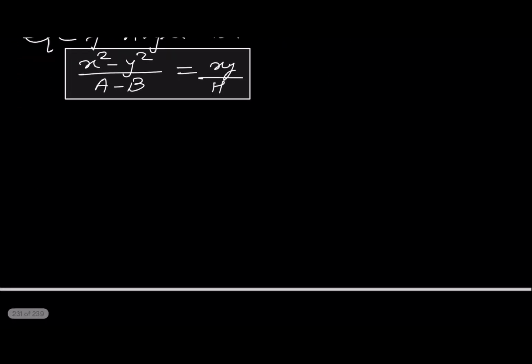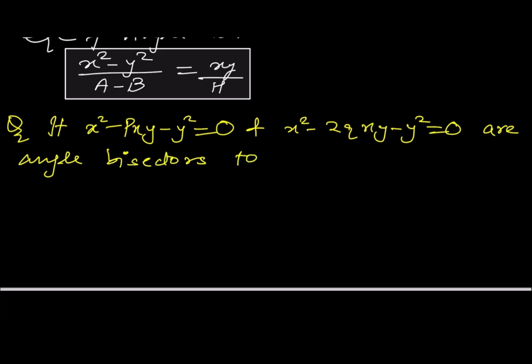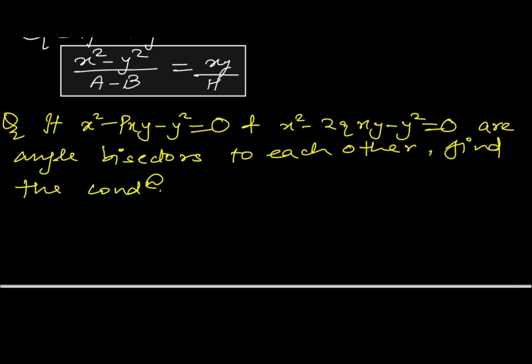Now let us take a question. If x square minus pxy minus y square is equal to 0 and x square minus 2qxy minus y square is equal to 0 are angle bisectors to each other, then find the condition.